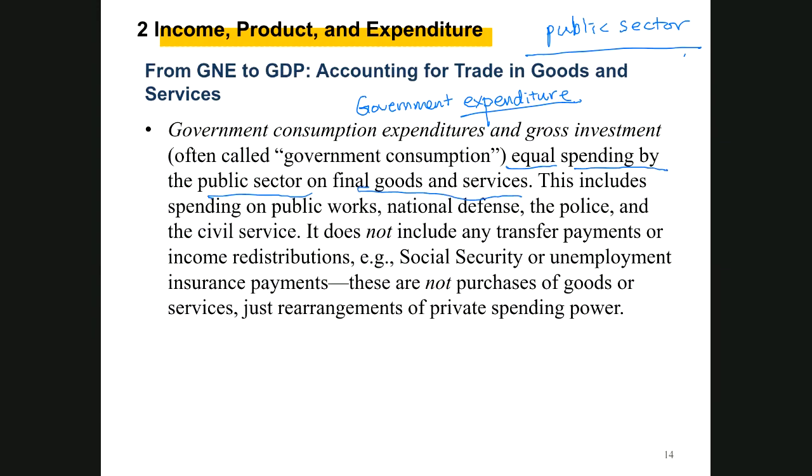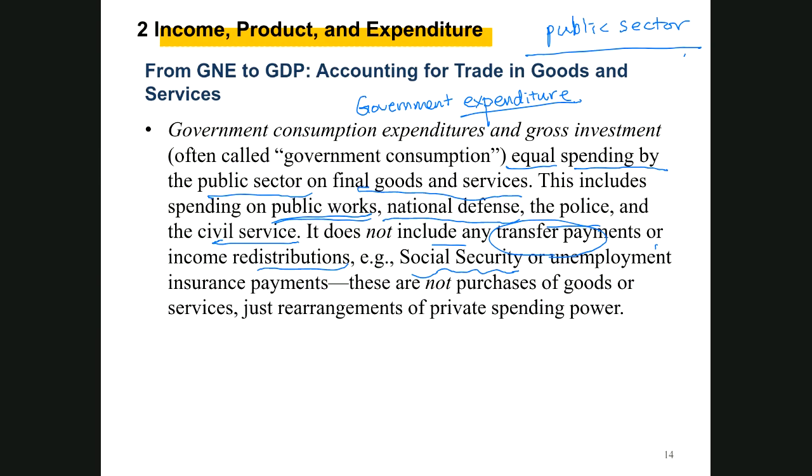So it includes the spending on public works, for example, building a new school, new infrastructure, roads, and the military, right, and national defense. That belongs to the public sector's expenditure, the police and civil services. It does not include any transfer payments or income redistribution. For example, Social Security does not count into this category.